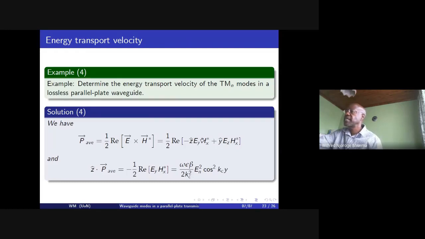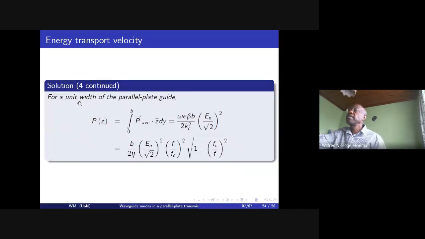Especially if the conductors are not perfectly conducting, then this will represent a power loss in that particular waveguide. Now, if we take the Z component of that P average, then we'll get a value of omega epsilon beta by 2 Kc multiplied by Kc squared cos squared there. For a unit width of the parallel plate guide, we can integrate P over the surface.